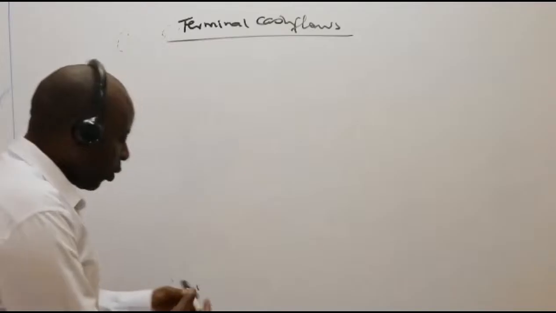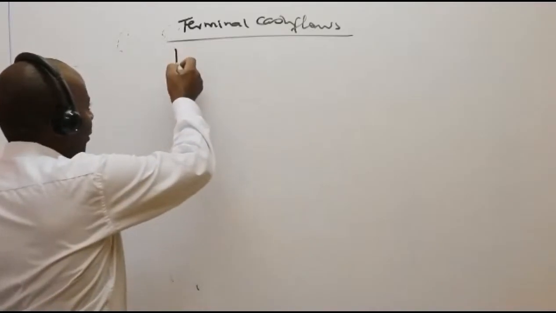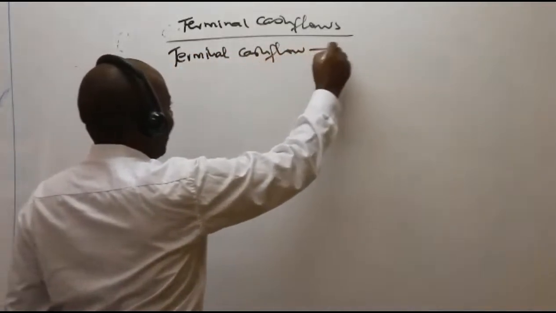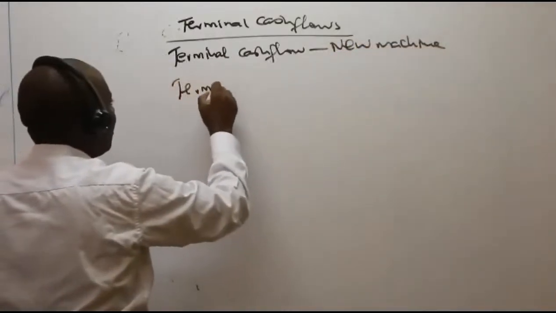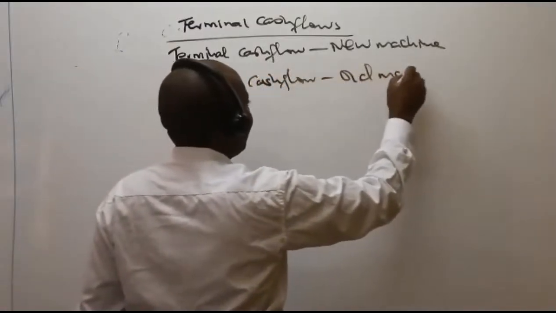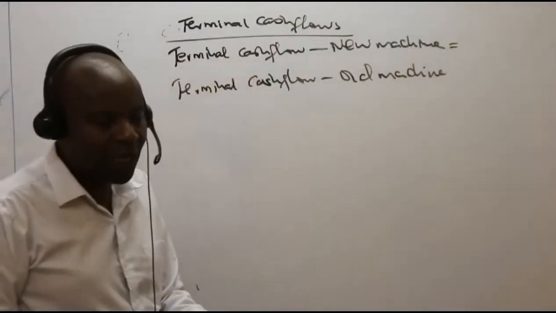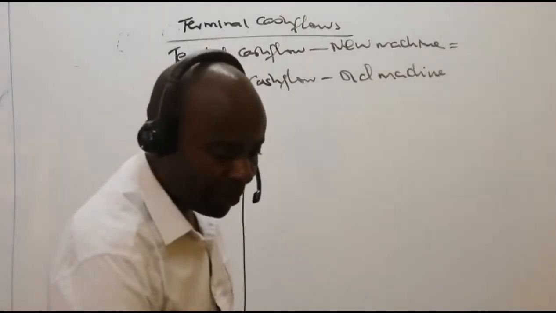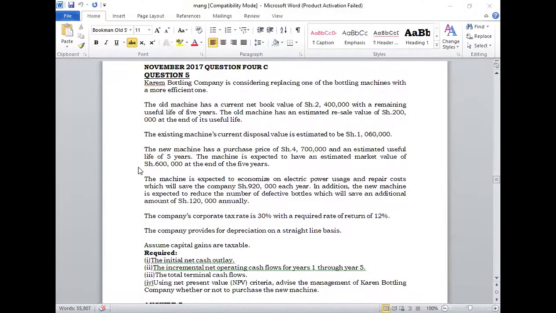Terminal cash flows will pick the terminal cash flow of the new machine, and then the terminal cash flow of the old machine. Has the examiner given the terminal scrap value of the new machine?